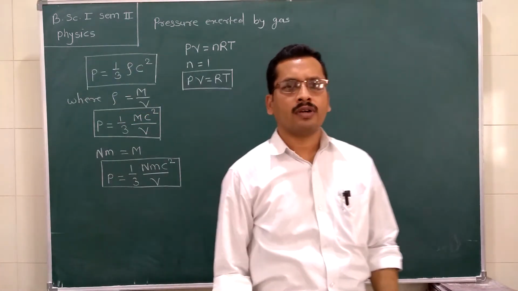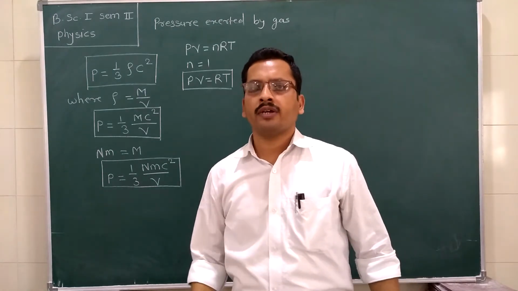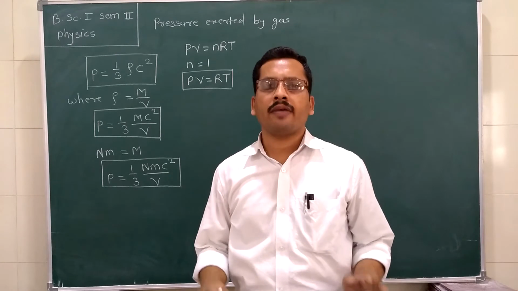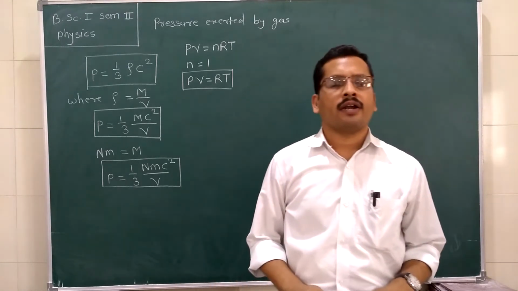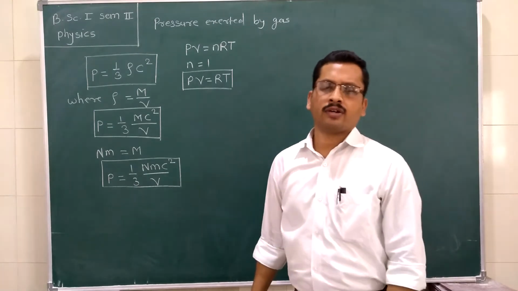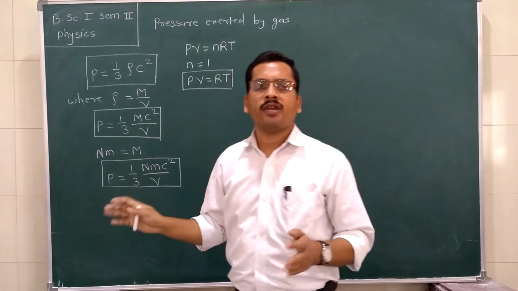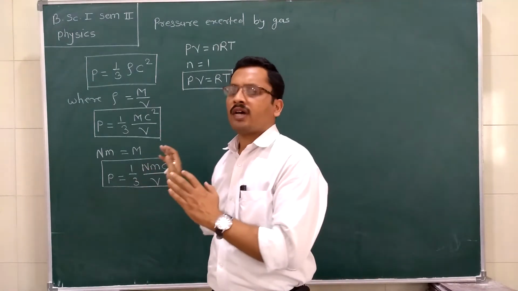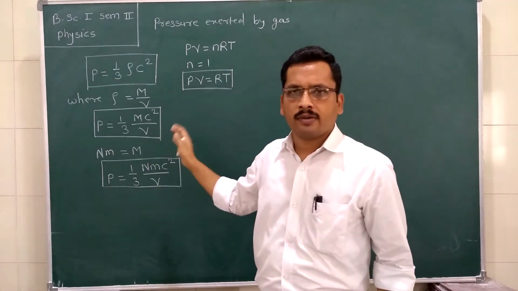Now we are moving towards how we can determine the RMS speed of a gas molecule contained in a container. By using these equations we can easily derive the equation for the RMS speed of the molecule.